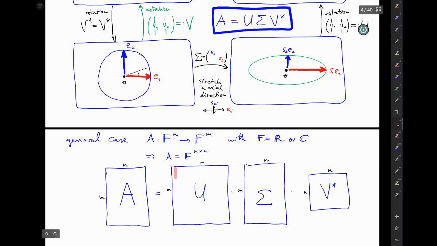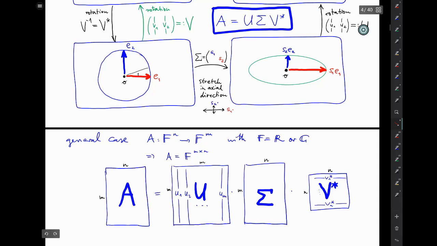And now the columns of U are just vectors, like we called them U1, U2 and so on before, that play essentially the same role. The rows of V star are the columns of V, vectors V1, V2 and so on, that have the same meaning as they did before.